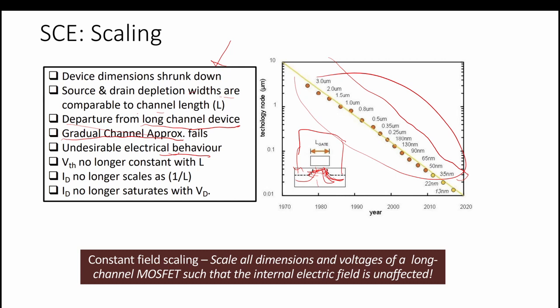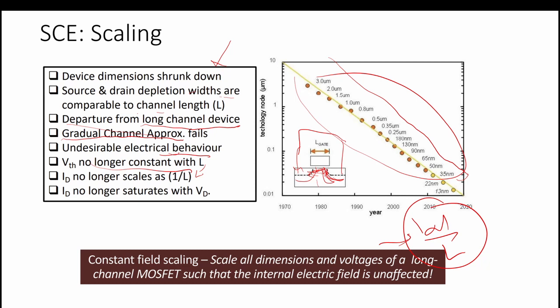VTH is no longer constant with channel length. ID no longer scales with the W by L relation we derived, because that was derived with the gradual channel approximation, and that will fail.